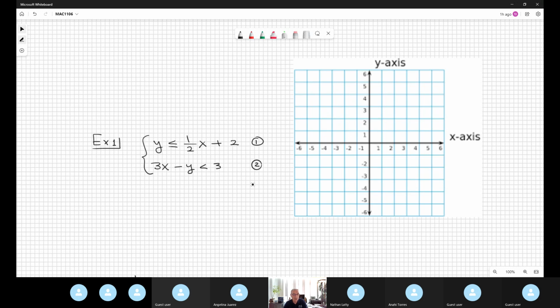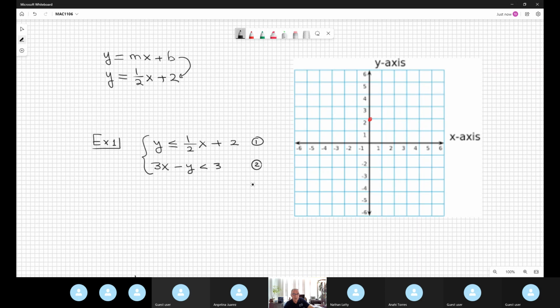The first inequality, I convert to an equation, because it's the related equation. And I draw the line that corresponds with this. Remember, this is equivalent to y equals mx plus b. B is the y-intercept, in our example, 2. I plot that, (0, 2). And the slope is 1/2.